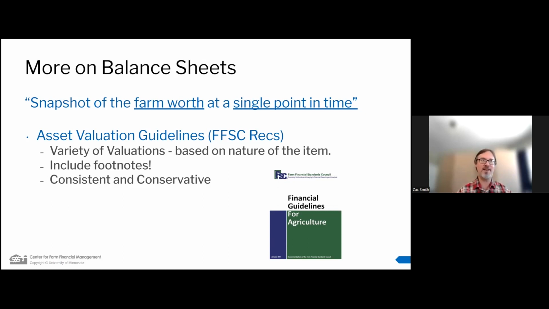There are a variety of ways to create valuations for your assets. A lot of it can be on a market basis. A lot of it can be on a cost basis, what it costs you to acquire that asset. But when you're putting that together, I say include footnotes.